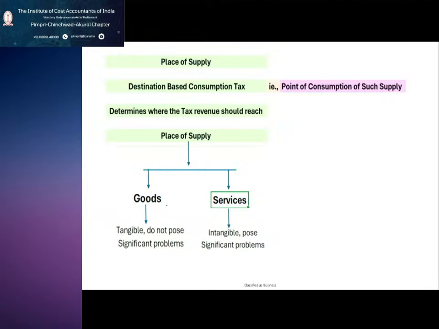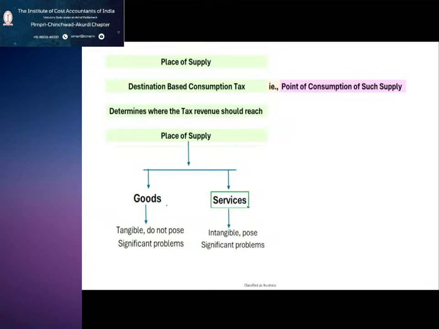The change in address is also happening. So services are more complicated compared to goods.